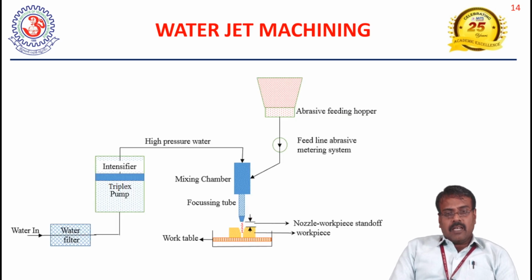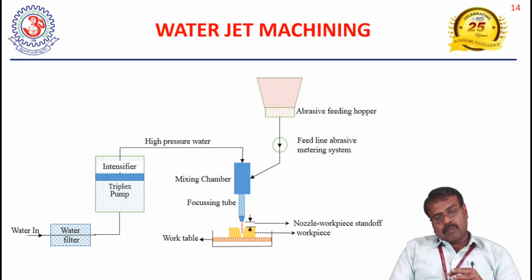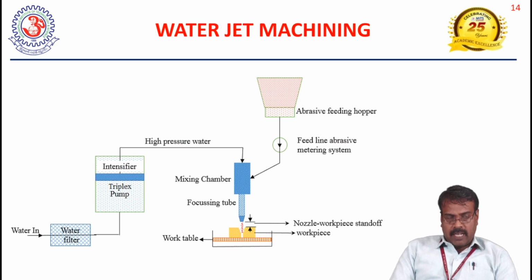So let us see the water jet machining parts, and how it removes the material in detail. There will be a water filter, and through the water filter only we supply the water. If the water contains any dust or anything, it can be filtered out, and after that it is allowed to pass into the intensifier. The intensifier is the unit which makes the water high pressure.